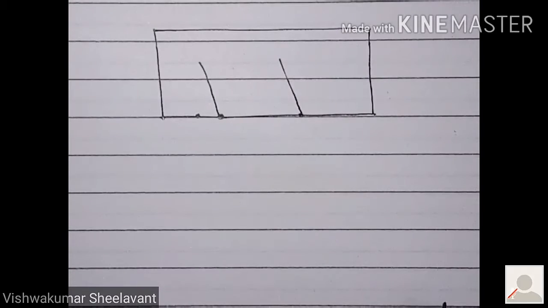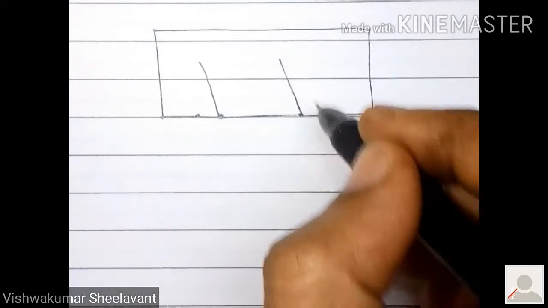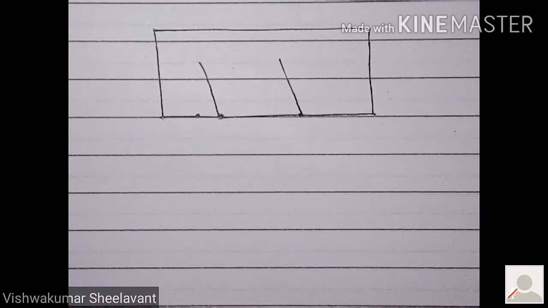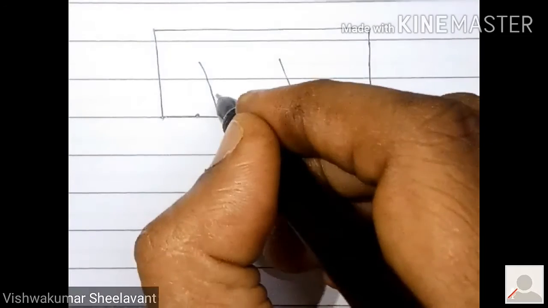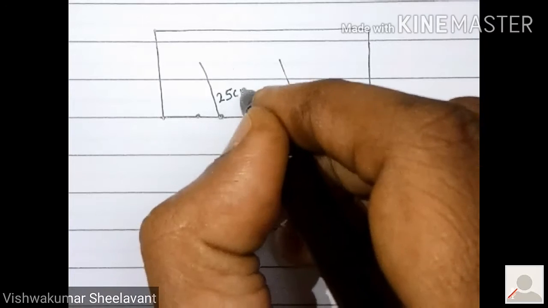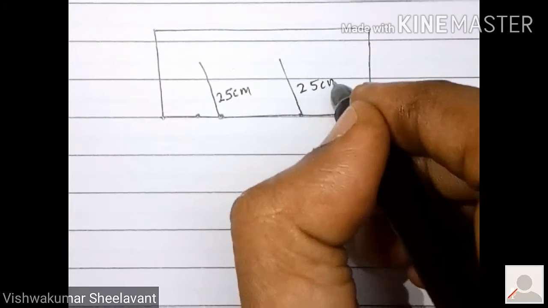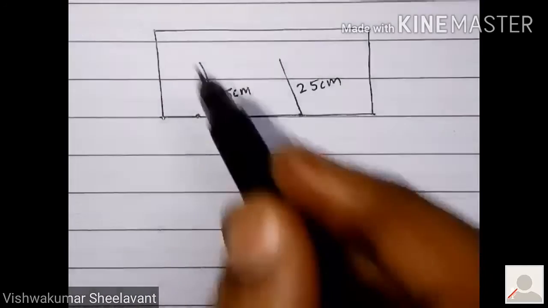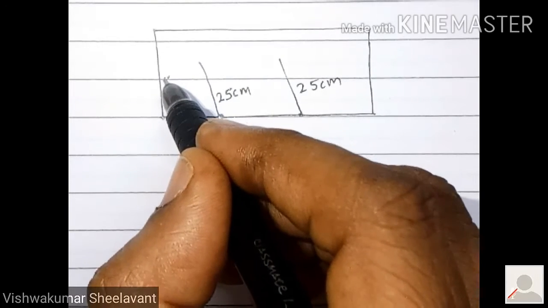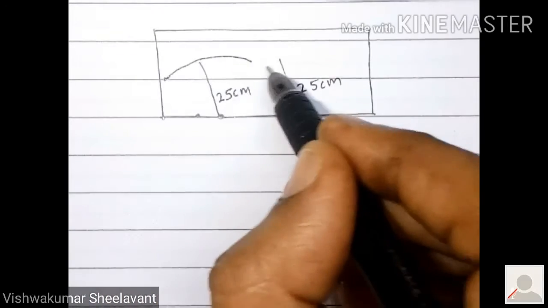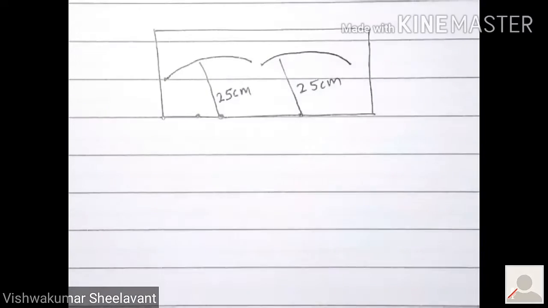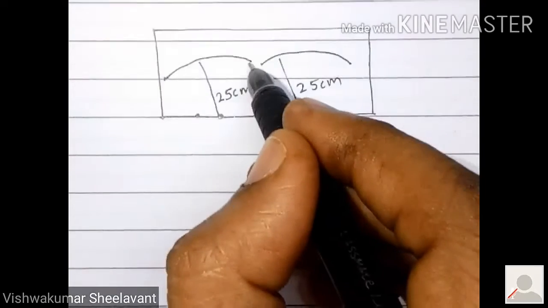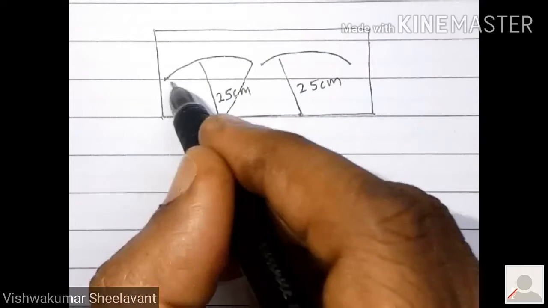Blade means these lines shown to you here, which will be having some rubber part on it, and the length of these blades is given as 25 centimeter, and each of them is oscillating about 115 degree.